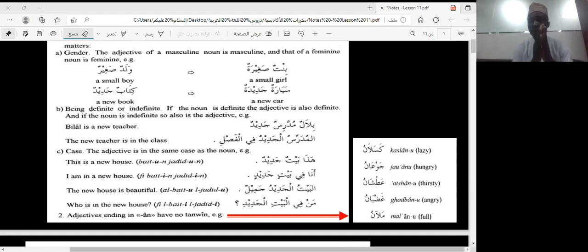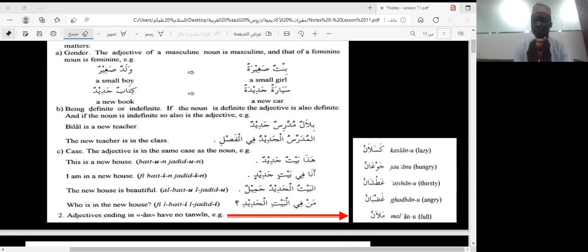The second one is being definite or indefinite. For example, al-kitabu al-jadidu, that is definite. Kitabun jadidun, a new book. Al-mudarrisu al-qadimu, the old teacher. Mudarrisun qadimun, an old teacher.